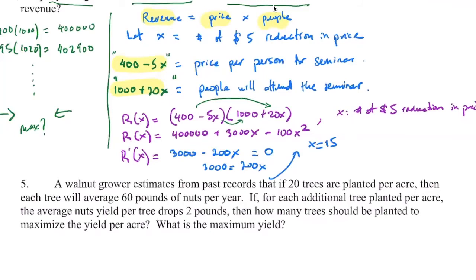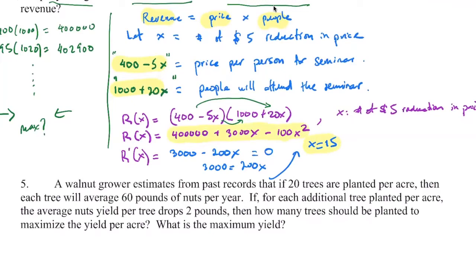We would still have to use the second derivative to show that this yields a maximum. But the revenue function is already an upside down parabola. It's an open downward parabola, concave down, so we don't need to verify that this point yields a maximum.